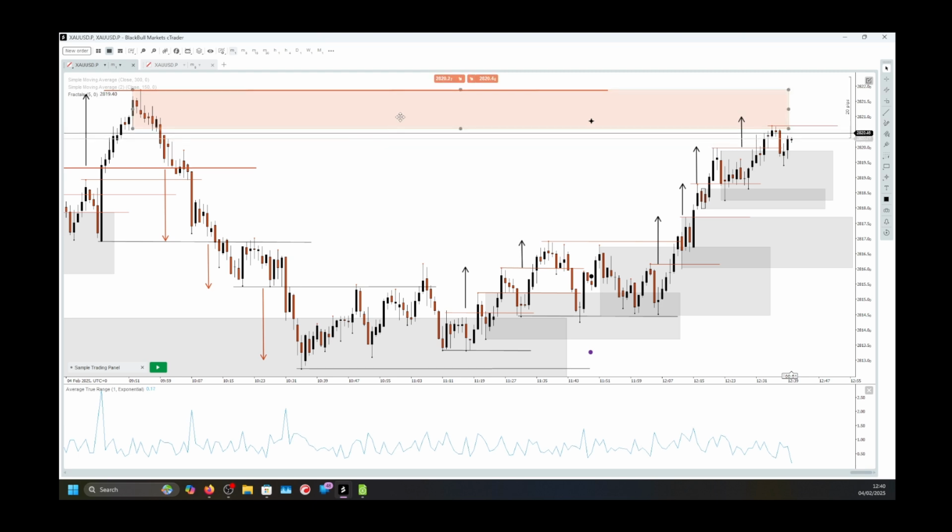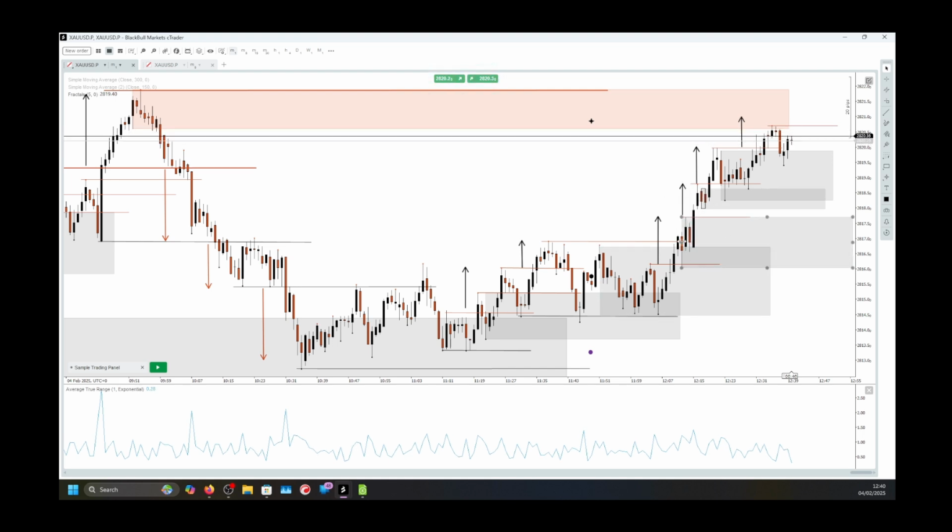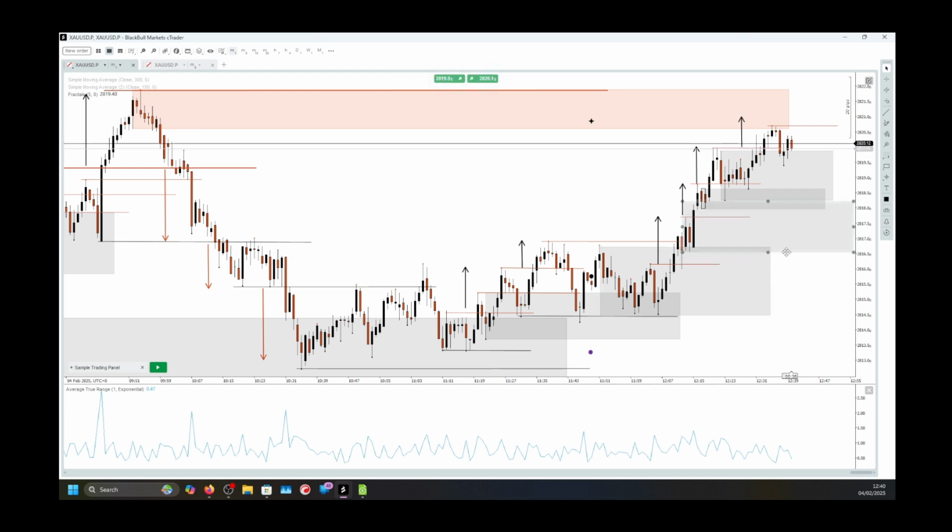Does it make sense? So all I'm doing is, when price breaks through a high, highlight the bearish, because here, see what I'd want to see.